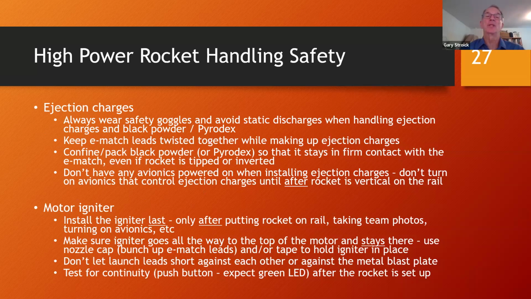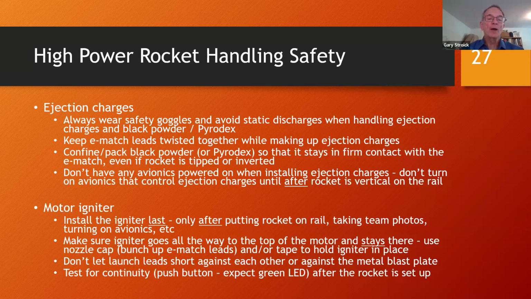It's heavier, it's fast, and it's going to potentially hurt an individual if it hits them, or damage a vehicle or property or something else. So we want to avoid that. This is a safety concern, so you want to make sure that is also in your checklist.